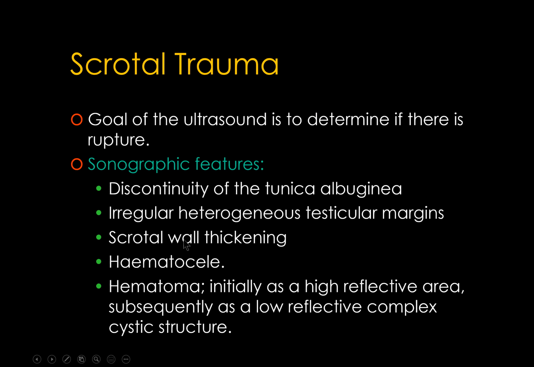Hematoma might be seen displacing the testis, initially as a high reflective area, but subsequently as low reflective complex cystic structures. In this case, color Doppler might be helpful in differentiating hematoma from other masses by identifying it as an area without blood flow.